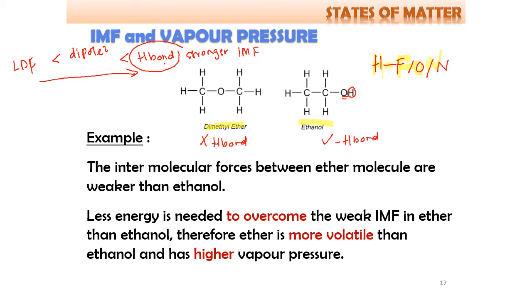Therefore, intermolecular forces in ethanol is stronger compared to in ether. Therefore, the conclusion is less energy is needed to overcome the weak intermolecular forces in dimethyl ether, compared to ethanol. Therefore, dimethyl ether is more volatile compared to ethanol. It will have higher vapor pressure.